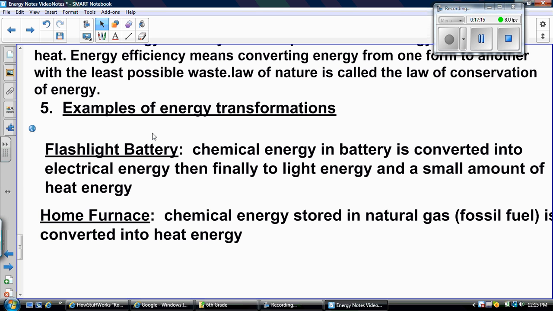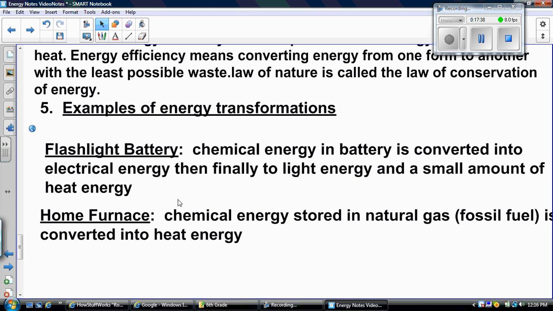Some of it gets turned into heat energy. So it's not 100% efficient. But that's an example of how energy can be converted. Chemical energy, which is potential, is converted into electrical energy, which is kinetic, and then turned into light energy, which is also kinetic, and then a small amount of heat energy, which is also kinetic.